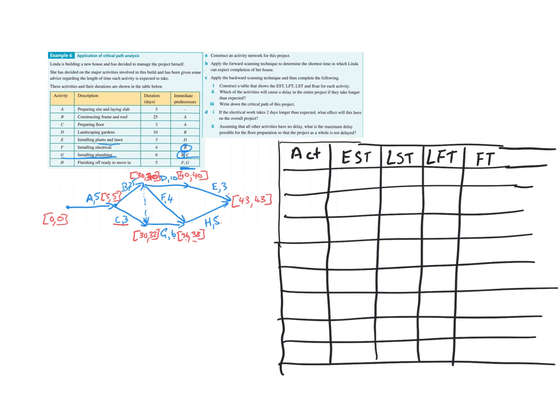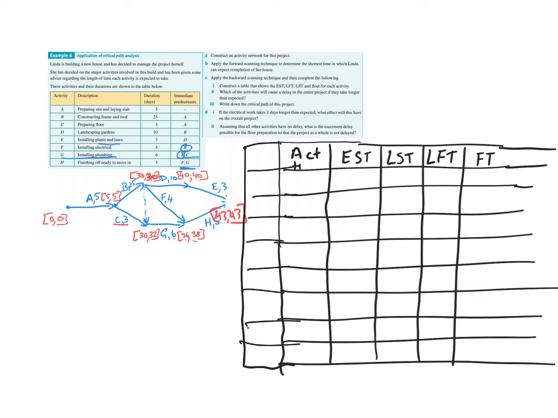Oops. And I'll redraw it underneath it. So it's 43, 43. All right, that's going to be your activity time, and that's going to be your activity.